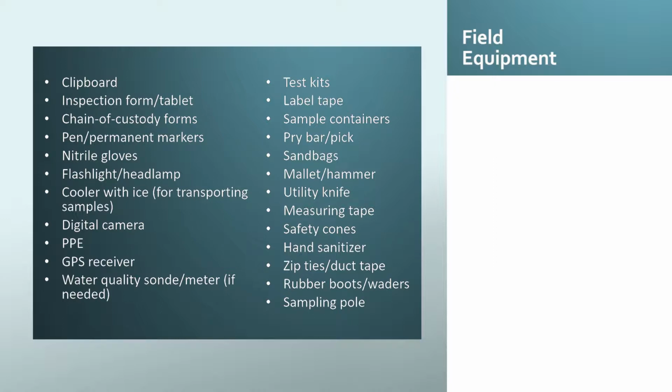You want to wear your proper PPE, so a safety vest and safety boots at a minimum. And have your sample meters and test kits as applicable, sample containers, things to mark on the containers. You want to have equipment to open manhole structures, and then a different type of other accessories that will help you.